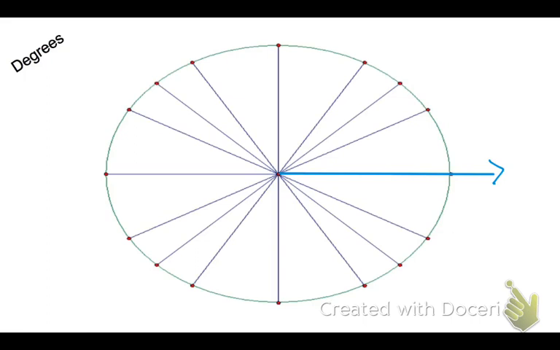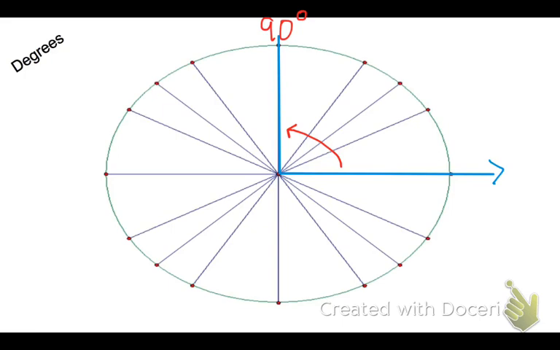So the first one, and probably easiest to identify, is the one that goes straight up and down. If I were to start from the initial side on the x-axis and go all the way, I have now created a 90-degree angle. So straight up at the top, if I look due north, that represents 90 degrees.